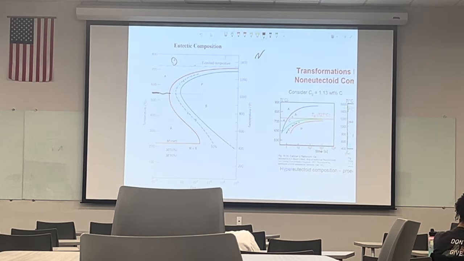But below this temperature, austenite is going to turn to bainite. Let's say bainite.